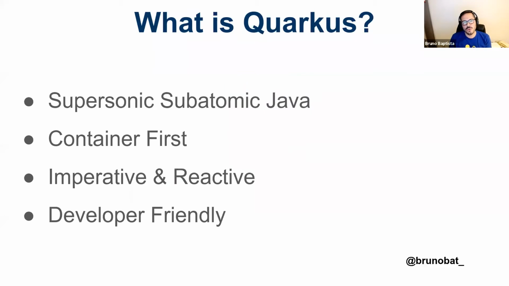Quarkus is deemed as a supersonic subatomic Java, a new framework to create microservices that will start very fast and will not take as many resources as classical containers.